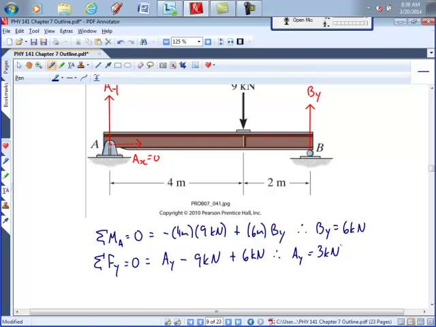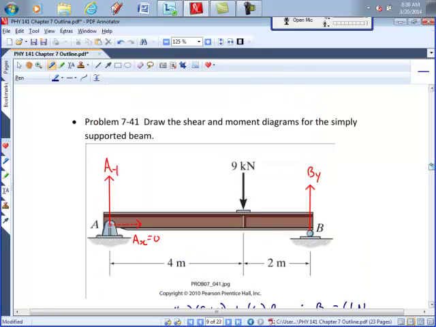All right, what are we going to do next? We're going to cut the beam in a somewhat arbitrary point X. We're going to make sure it's between the support at A and this point load.